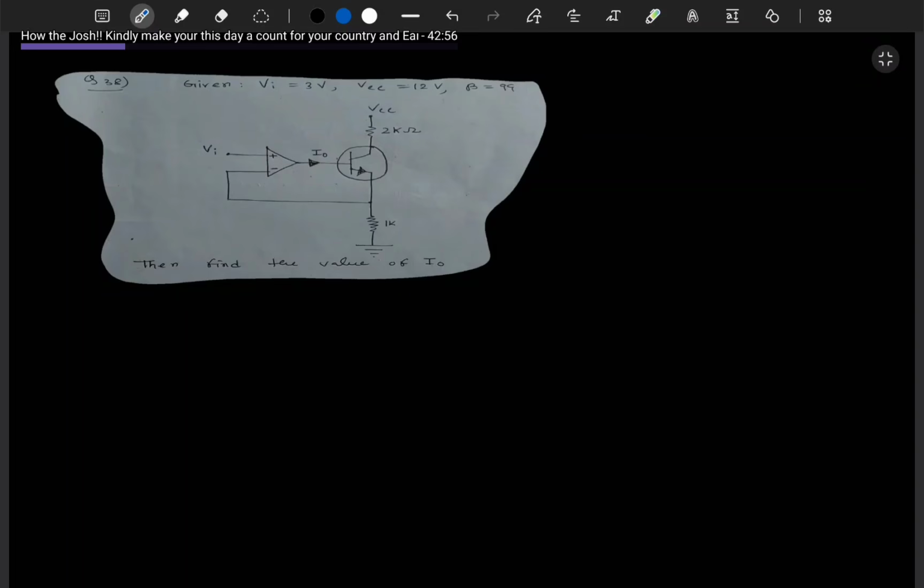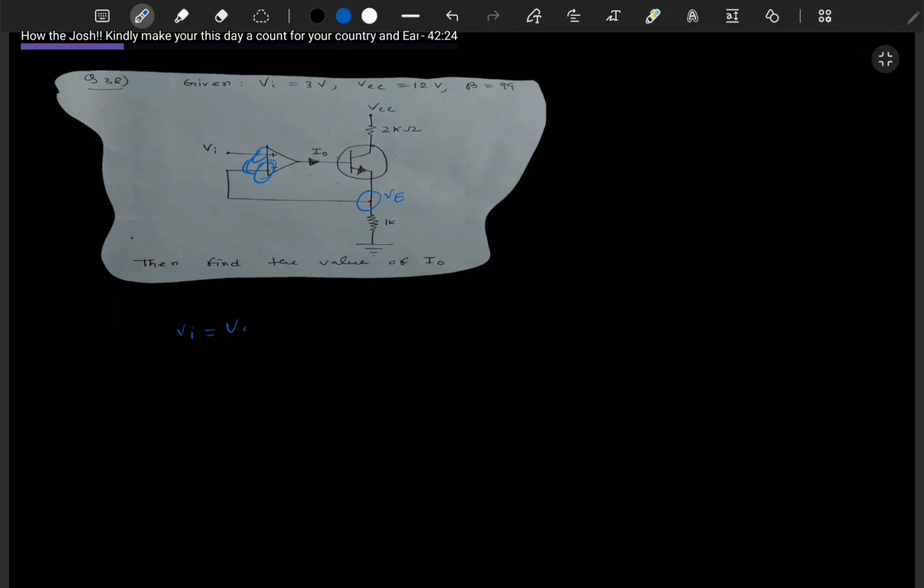Okay, now here we need to find out the value of I naught, as these are virtually short. So this V, and these two are virtually short actually.